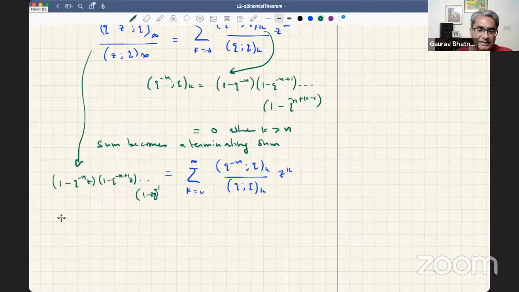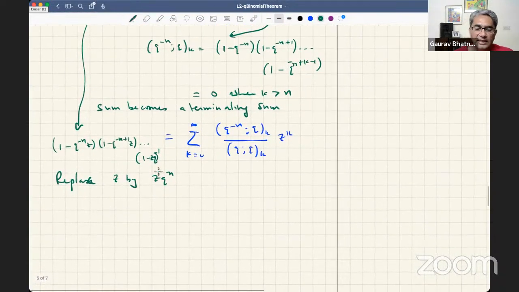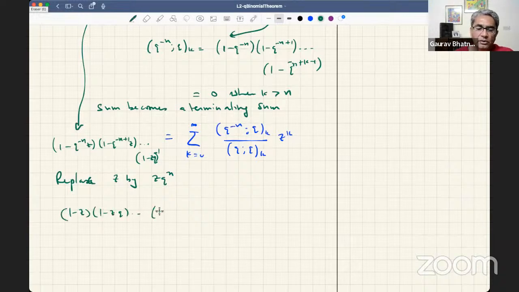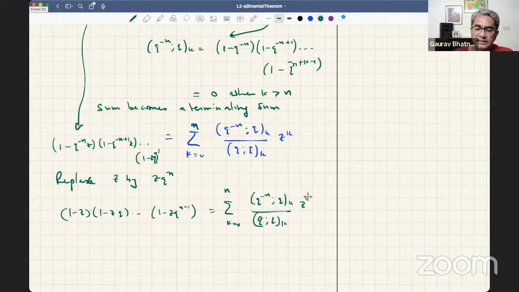If we replace Z by Z Q to the N on both sides, we get (1 − Z)(1 − ZQ) and so on up to 1 minus Z Q to the N minus 1. On the right, the sum is over K from 0 to N of (Q^−N; Q)_K over (Q; Q)_K times Z to the K, Q raised to NK.